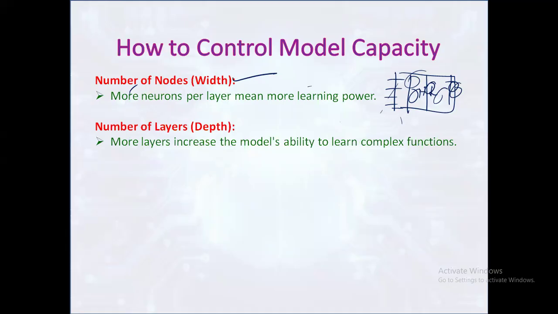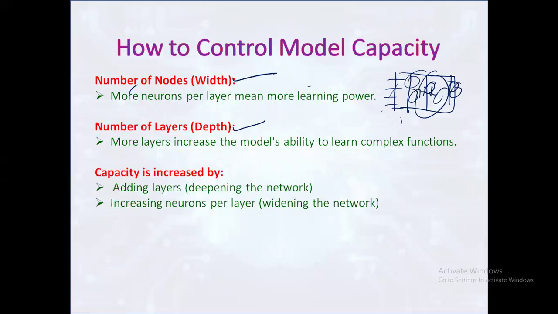giving it more power to learn complex functions. Next, the number of layers in the neural network: input layer, hidden layers, and output layer. We may be using many hidden layers. So the number of layers in the neural network is referred to as depth. By increasing the depth, we can stack layers of computation, which allows the model to capture more complex hierarchical patterns.